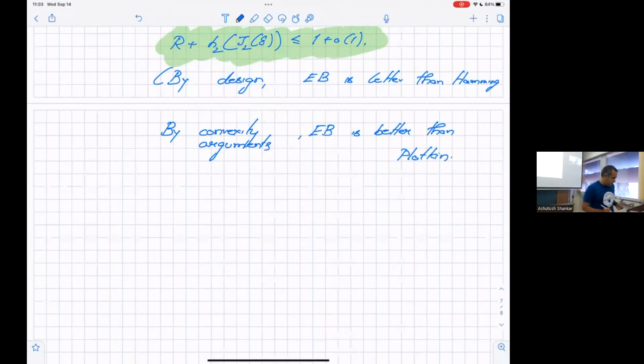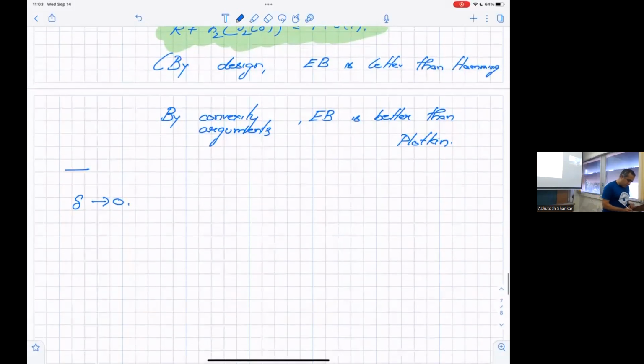Okay, let's do a couple of small calculations. We have checked convexity, and we looked at delta equals 0 and delta equals half, these two points. Let's look at what happens around 0 and around half. What happens when delta is approaching 0? We already saw that J2 of delta approaches delta by 2.